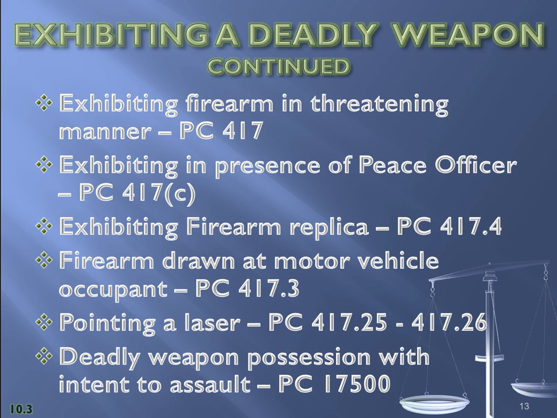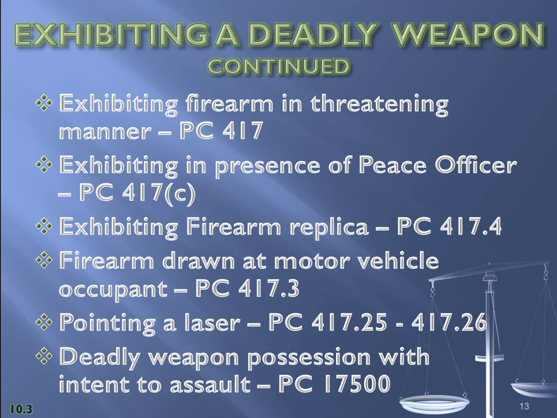The firearm replica is very interesting. It is a misdemeanor, except in self-defense, to draw or exhibit a firearm replica in a threatening manner against another person in such a way as to cause a reasonable person fear of bodily harm. Now they go on to define what a replica is.